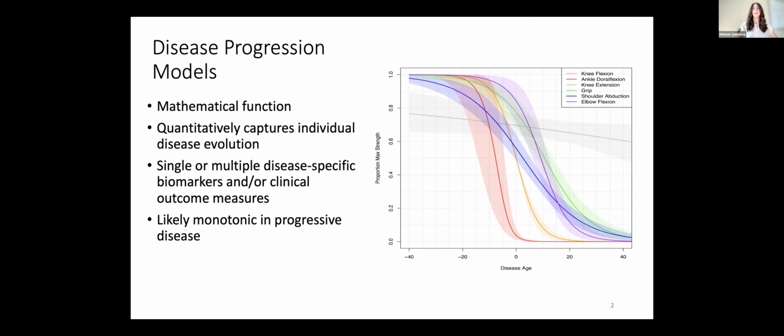So here in GNE myopathy, we're going to look at multiple muscle groups and how those decline over time relative to one another. And another thing I'll say is, in progressive diseases like GNE myopathy, these functions are likely monotonic. That just means that once an individual begins to progress, they'll continue progressing, and we don't expect to see any improvements thereafter.